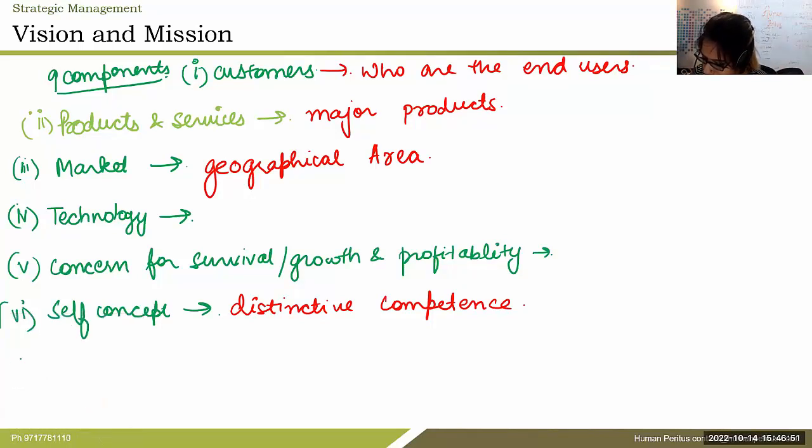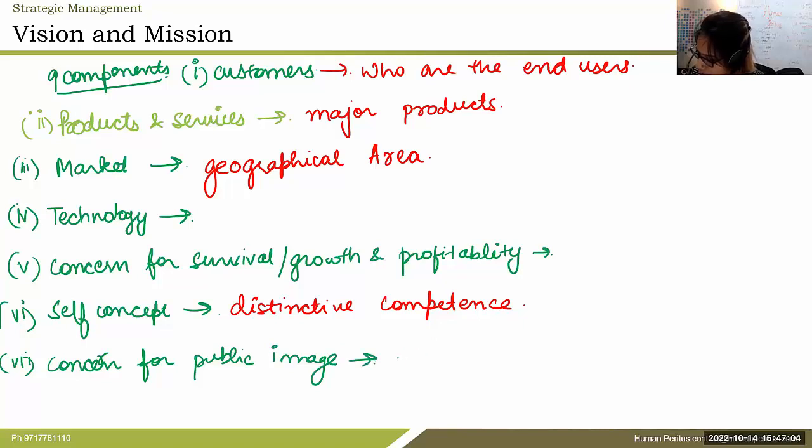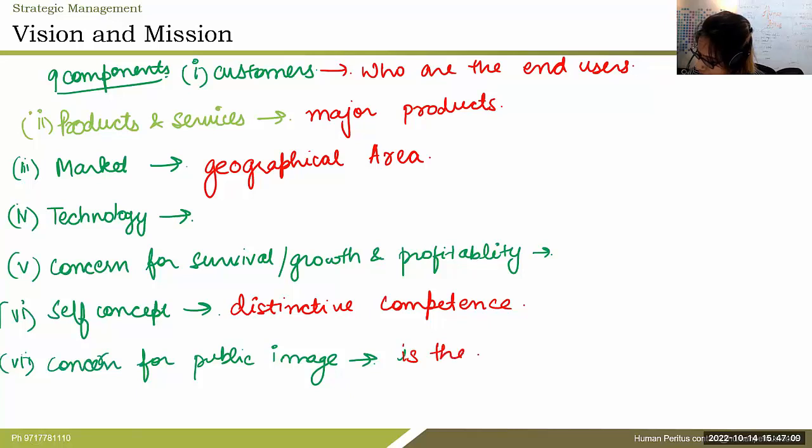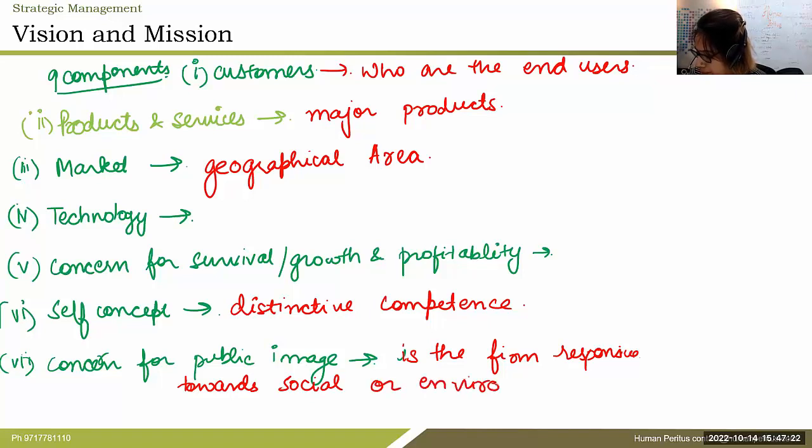The seventh is concern for public image, which means is the firm responsive towards social or environmental concerns.